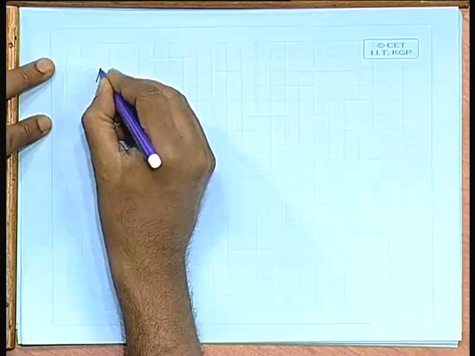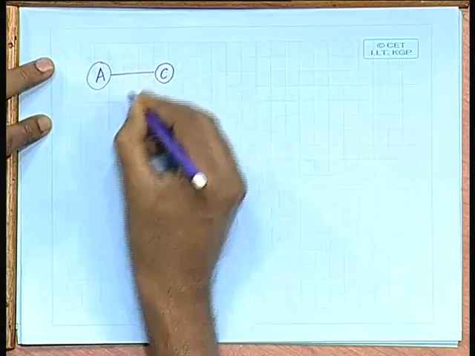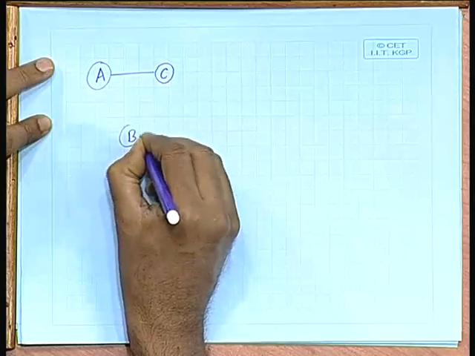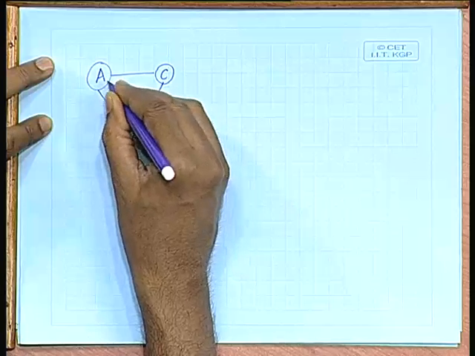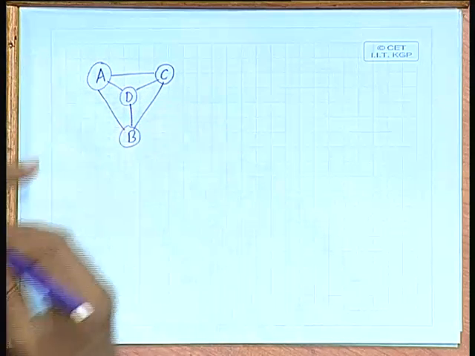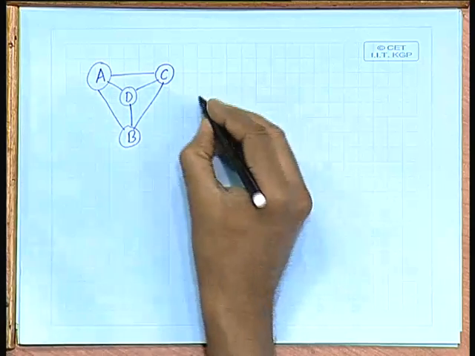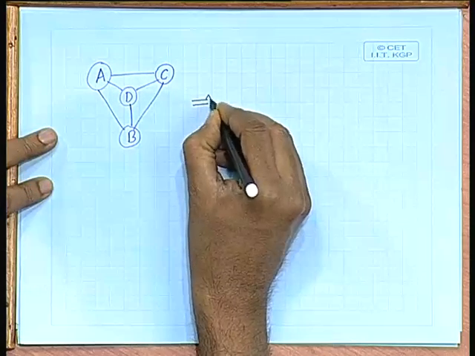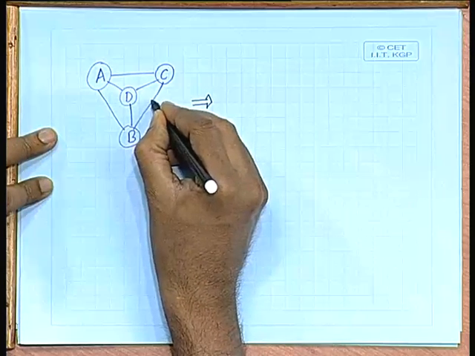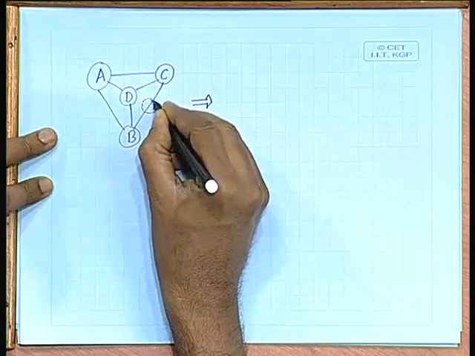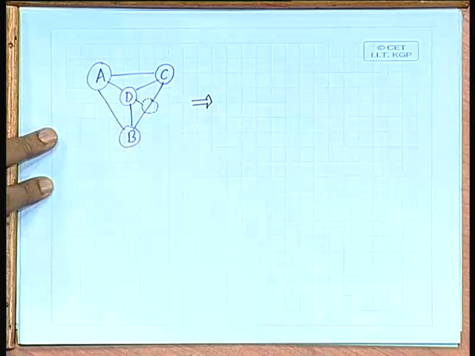Suppose we have a complex triangle like this. We convert this into an equivalent triangulation where we introduce a dummy vertex here and a dummy edge connecting D and this.